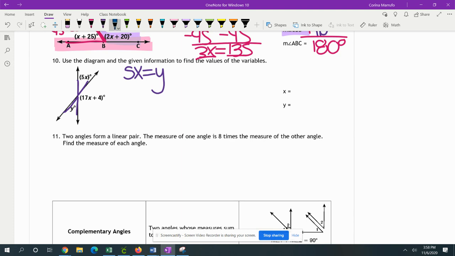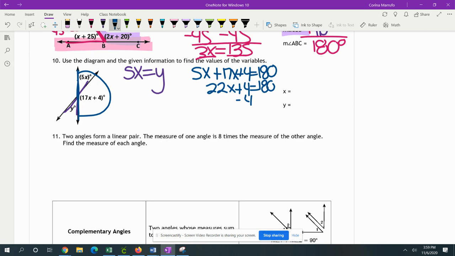But if we notice here, this is a 5x and this is a 17x plus 4. So these 2 angles need to add up to 180 because they make a straight line. So that's where I am going to start. 5x plus 17x plus 4 should equal 180. So we're going to go ahead and solve for x. 5x and 17x gives us 22x plus 4 equals 180.